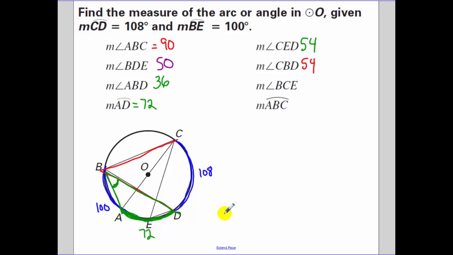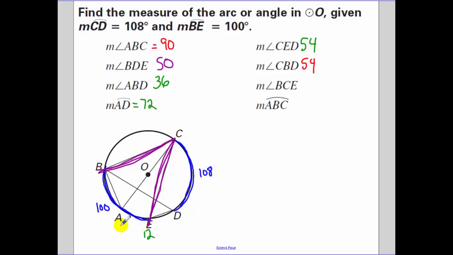Okay, next. BCE. Oh, BCE. I was looking at it the wrong way. So that's this arc right here. Actually, let me do a little bit of erasing so we can see. BCE, well, that intercepts arc BE.